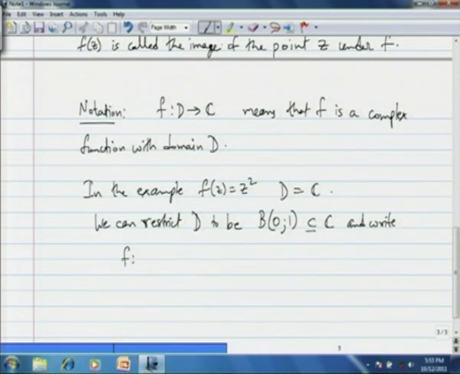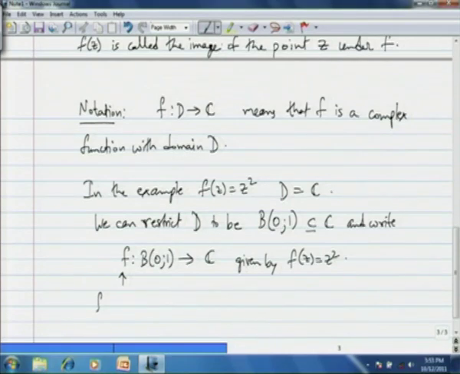and write f from B(0,1) to C given by f of z equals z squared. Okay. So, technically this f now is a new function, it is a restriction of the given function f of z equals z squared.